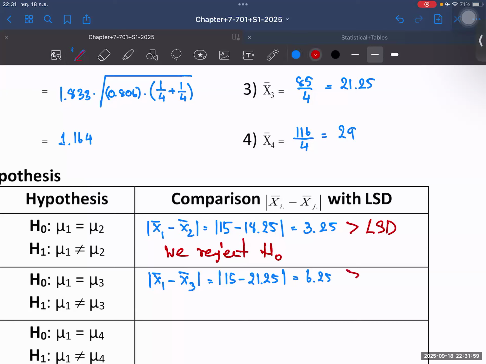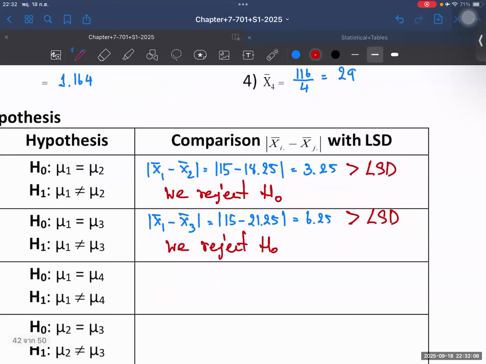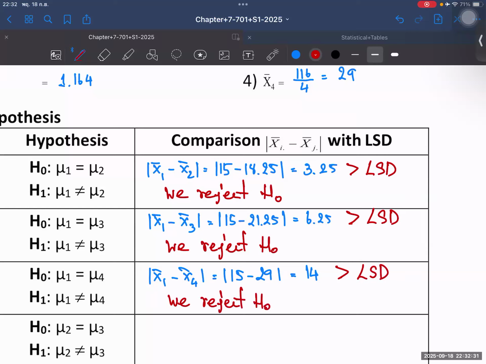So it's greater than LSD. So we reject H0. Okay. And the absolute x bar 1 minus x bar 4 go to 15 minus 29. Okay. 14. So it's greater than LSD. So we reject H0.